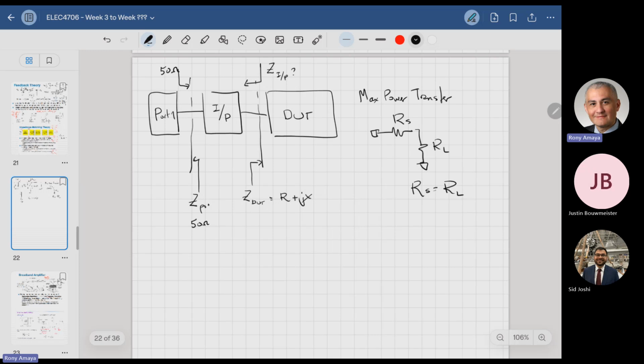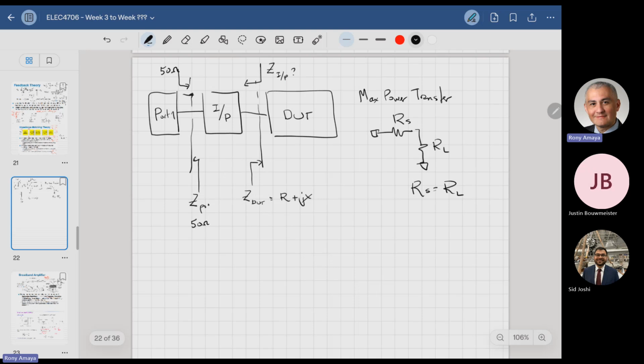Now, we need to make this part here look like you're looking into 50 ohms. And on the other side, we need to make Z_P1 equal to what? Well, 50 ohms is typically what's sending.